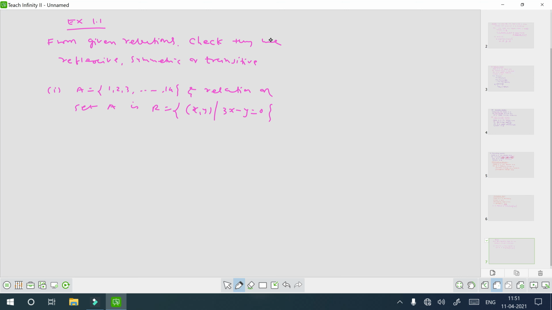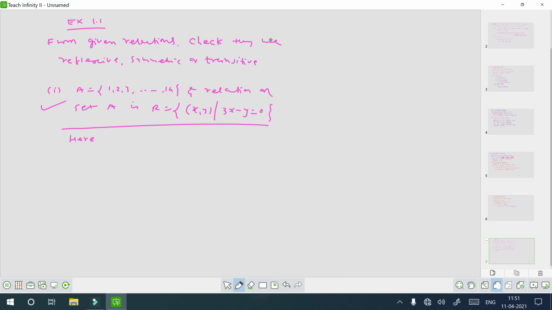This relation is given to us. Now we have to check whether it is symmetric, skew symmetric, transitive or whatever may be. This is given in the question. Now this one is the answer.